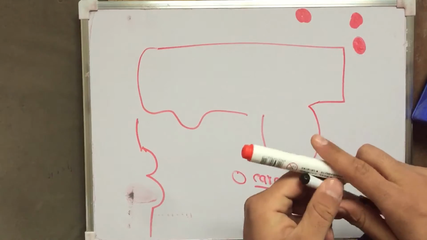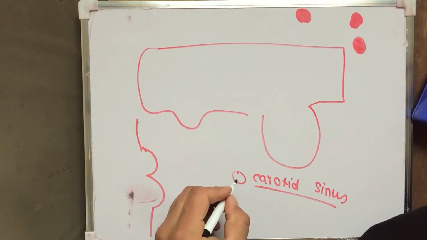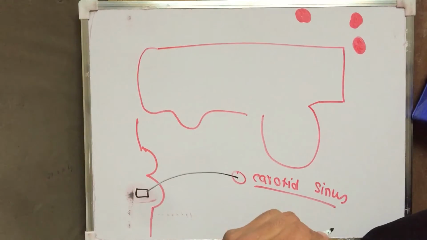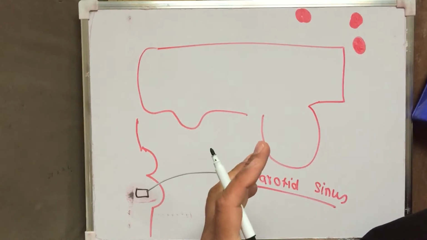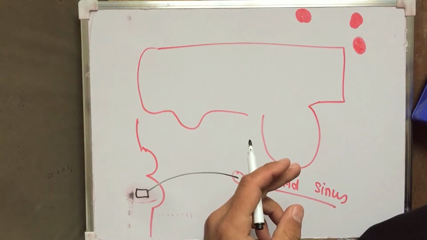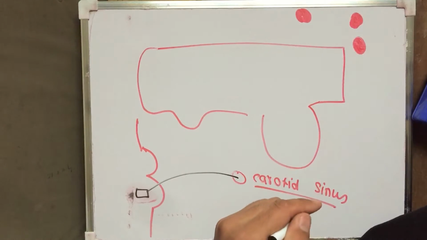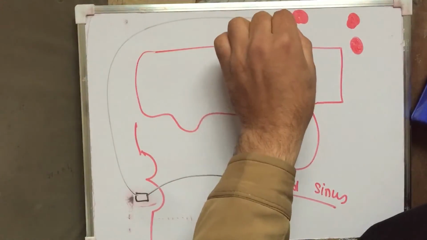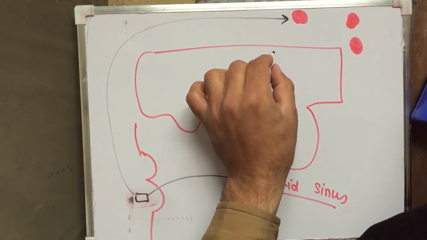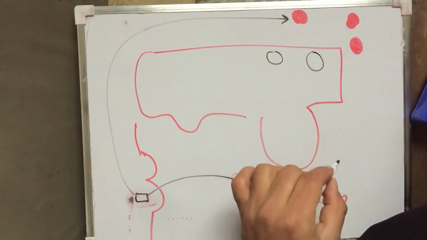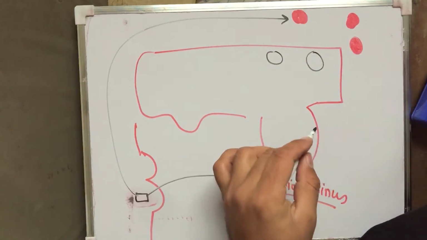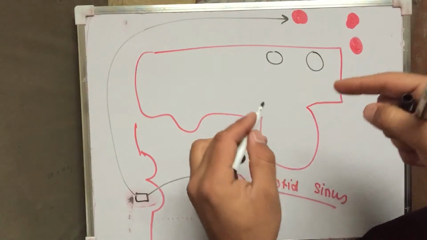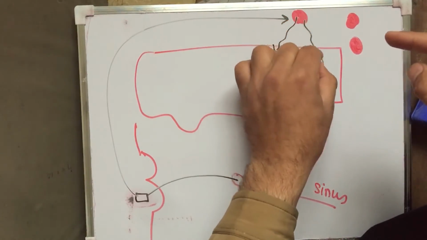The carotid sinus sends information of decreased blood pressure to the medulla. The medulla receives this information and sends it to the medial preoptic nucleus. Then the medial preoptic nucleus activates the paraventricular nucleus and supraoptic nucleus, which then send action potentials to the posterior pituitary and activate the release of antidiuretic hormone.